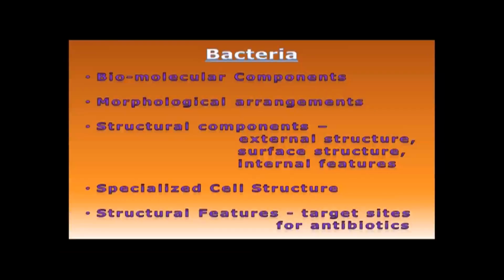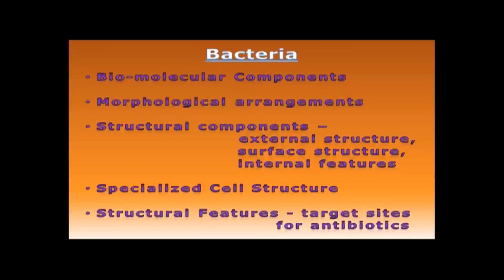In conclusion, I have discussed the biomolecular content of the bacteria, which makes the building blocks of the prokaryotic cell. That means the amino acids to make the protein structure, the sugars to make the carbohydrate structure, as well as the nucleotides to make DNA as well as RNA.